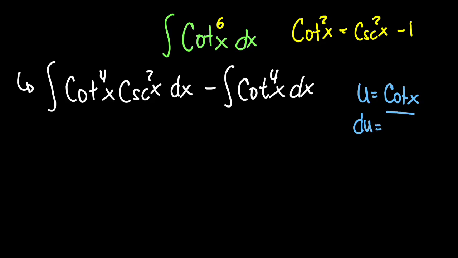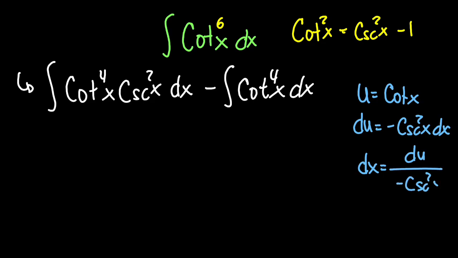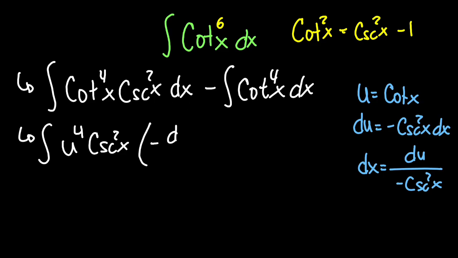The derivative of cotangent of x would be equal to negative cosecant squared of x of dx. Isolating the dx, you would have a value of du over negative cosecant squared of x. So for this one, it would be the integral of u to the power of 4, since cotangent of x is u, multiplied by cosecant squared of x, and multiply it by the dx value, which is equal to negative du over cosecant squared of x.